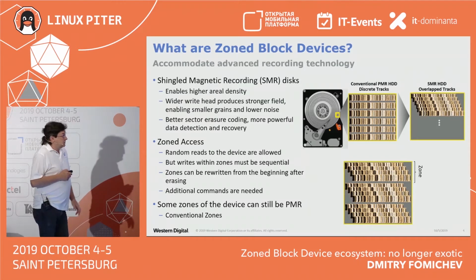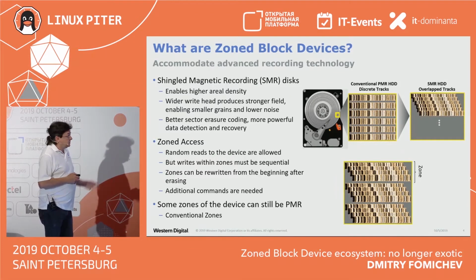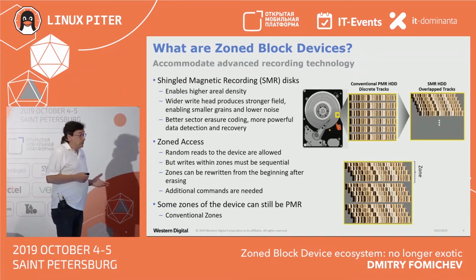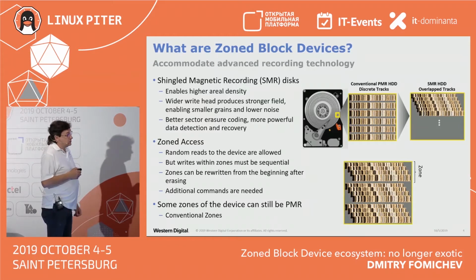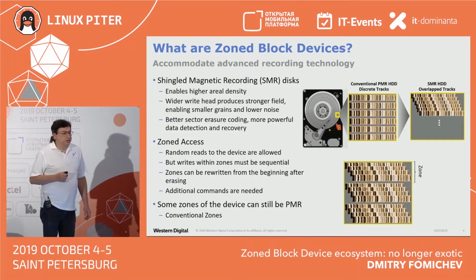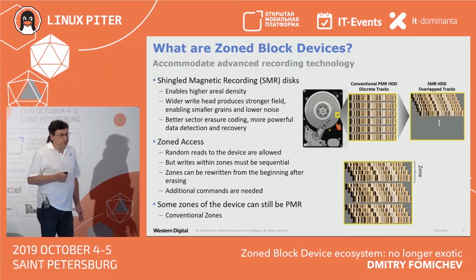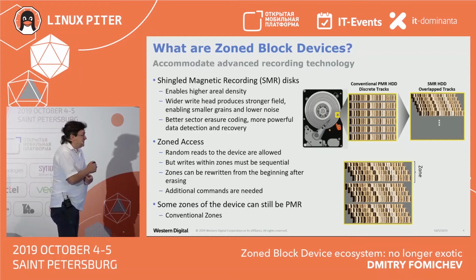This allows a significant boost of the areal density and the capacity of the drive. This technology was introduced about 10 years ago, and hard drives were able to cross the 1 terabyte barrier, which sounds tiny now.